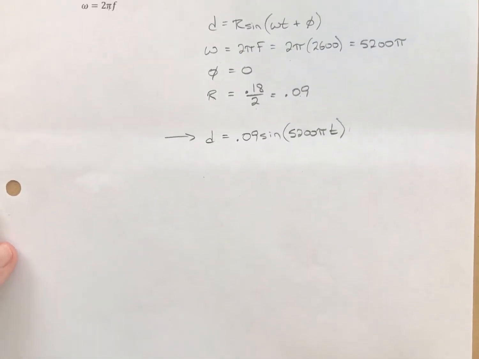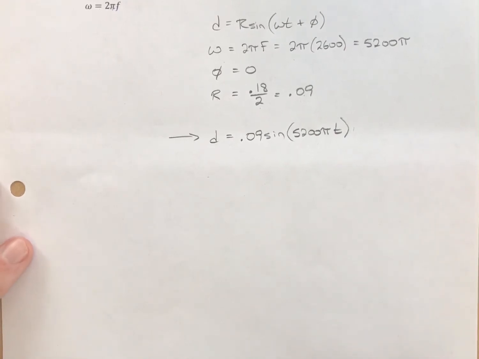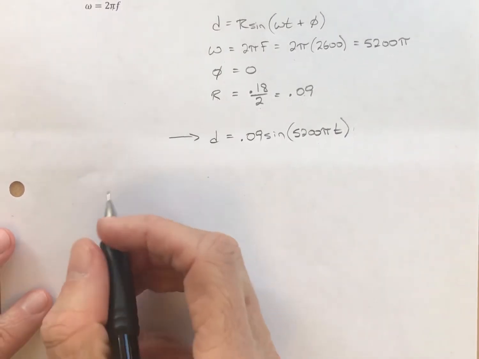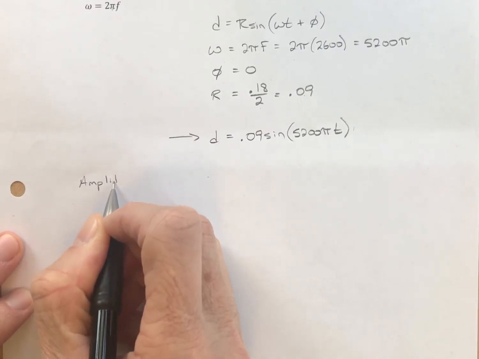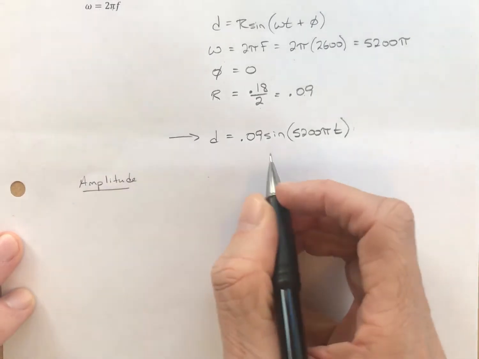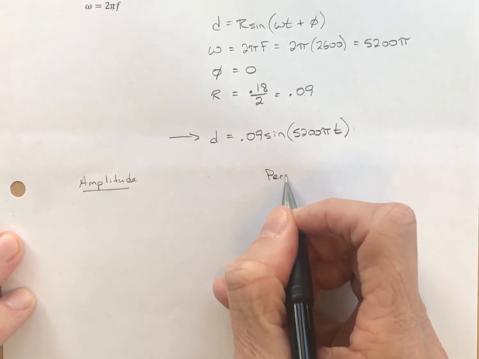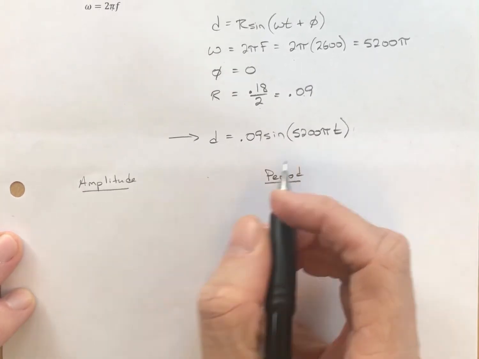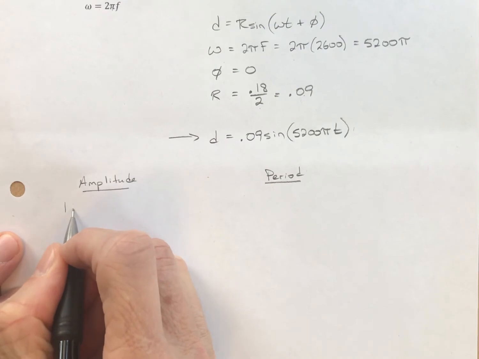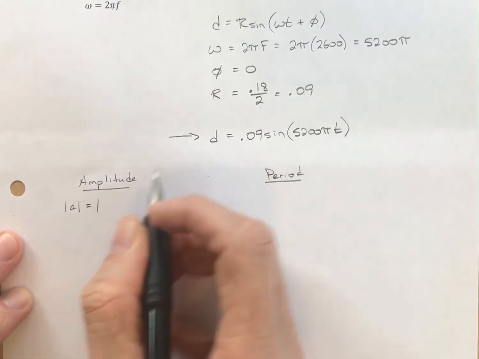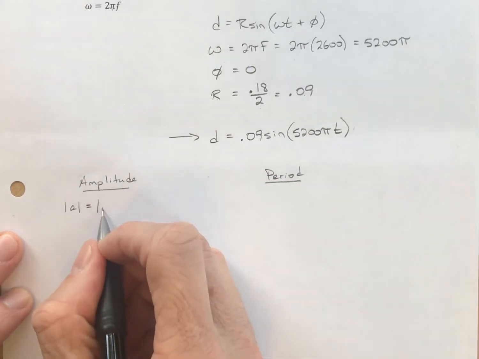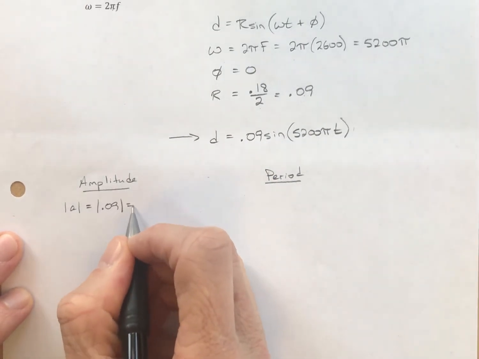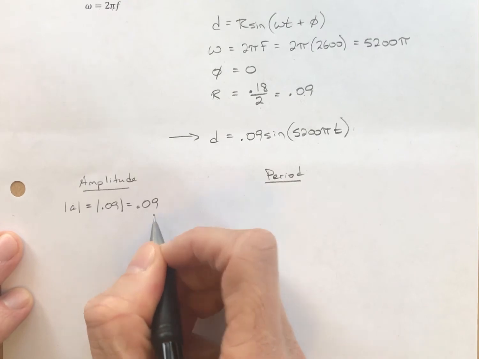Okay, so for our sketch, let's keep my paper so you can see it. We need to know the amplitude, and we're going to look at the period. And we're going to want to sketch 2 periods or 2 cycles. The amplitude is the absolute value of A, which is the absolute value of 0.09, which is, of course, simply 0.09.